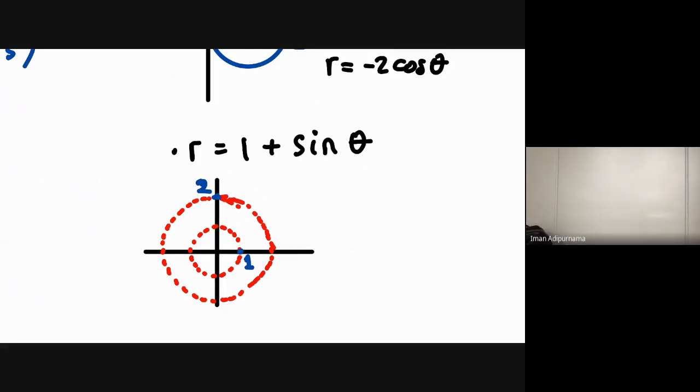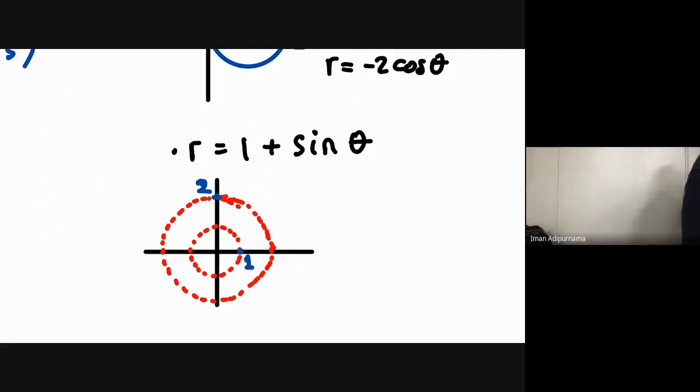Between 0 and pi over 2, maybe we can see some theta that is easy to calculate. Maybe sine of pi over 6, right? Sine of pi over 6 is half, so 1 plus half is 3 over 2.